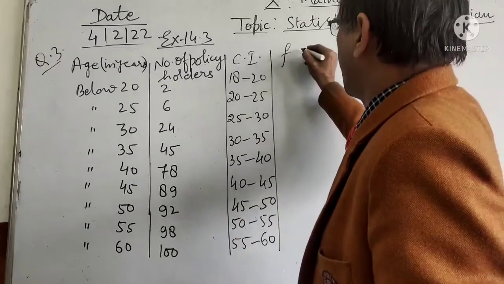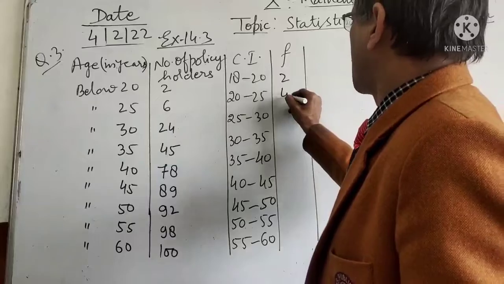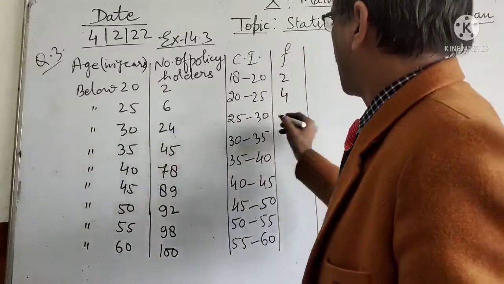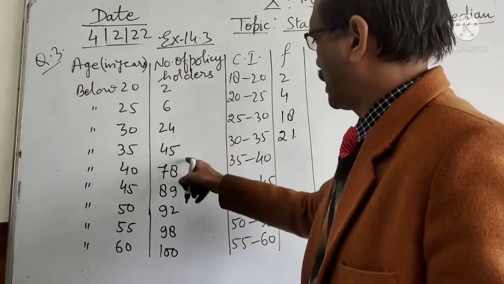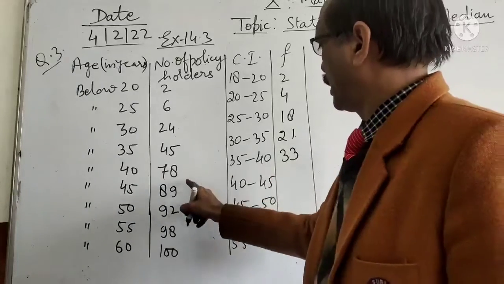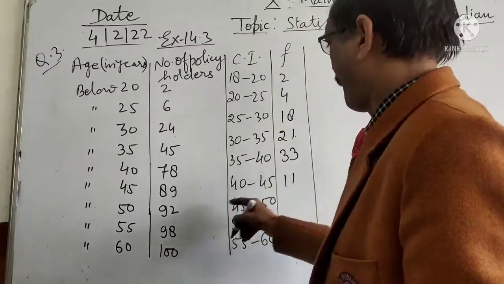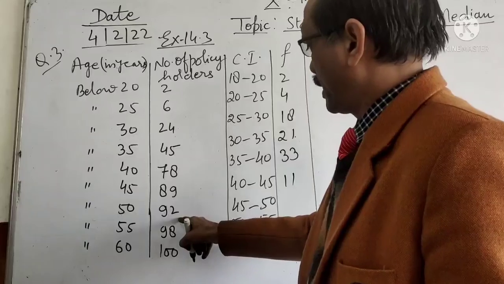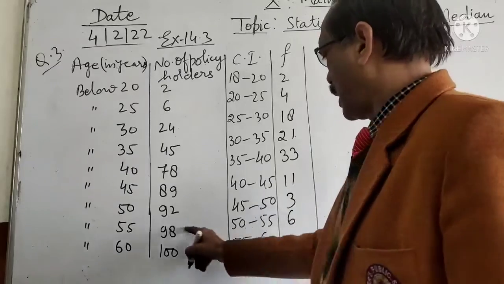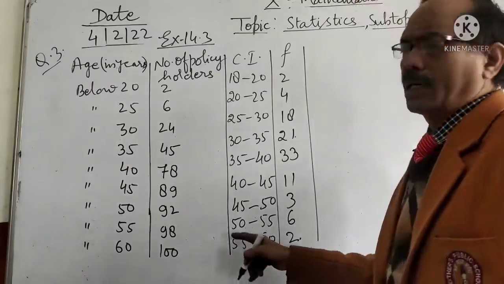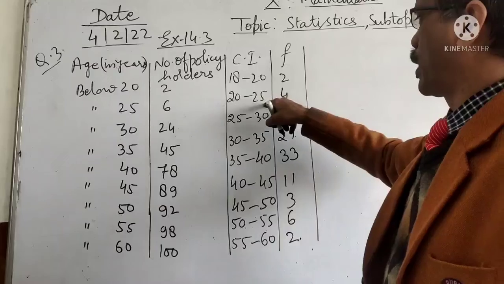Now we will find the frequency. There are 2 persons, then 4, then 18, 21, then 33, then 20, 11, then 3, then 6 and 2. The number of persons belonging to 18 to 20 is 2, to 20 to 25 is 4, and so on.